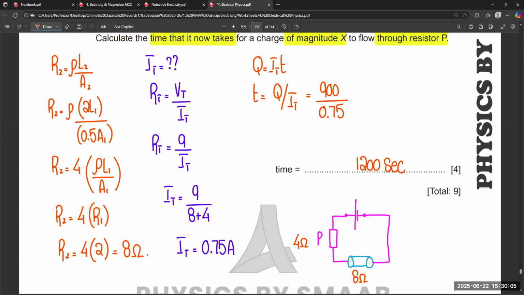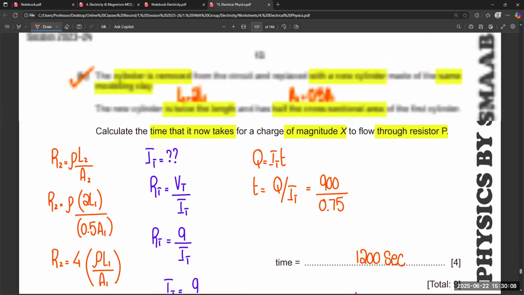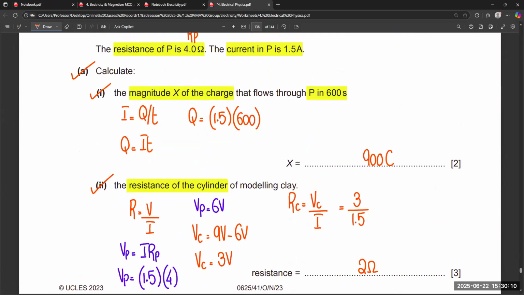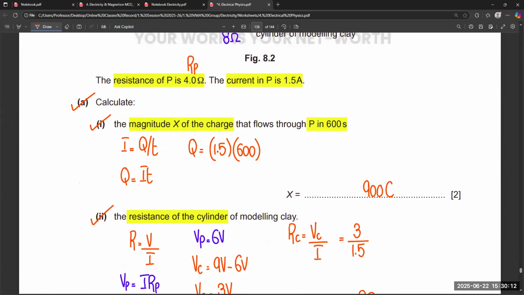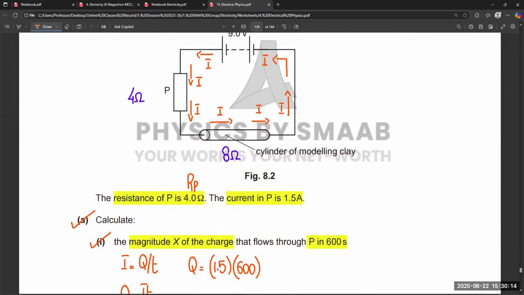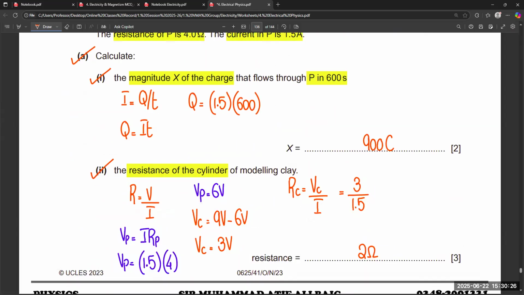And to find out the electric current, because in the first part, electric current is 1.5, and that 1.5 current is the same throughout the circuit, because in series combination, current remains the same. So now we know that the value changes because in the old circuit, we have 2 ohms resistance of the modeling clay.